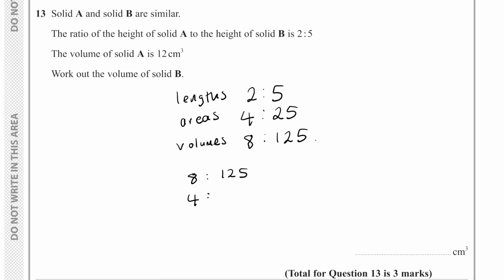So that'd be 4 to 62.5. And then add those together. 12 to 187.5. So if the volume of solid A is 12 centimeters cubed, the volume of solid B is 187.5 centimeters cubed.